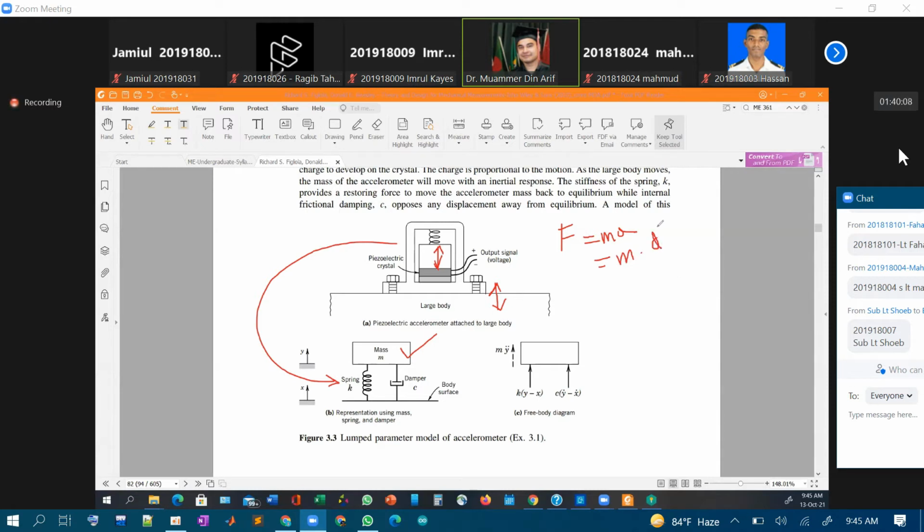Second derivative of the displacement due to the force. ঠিক না? Second derivative. First derivative of displacement with time is velocity. Second derivative is acceleration. So m times d square x by dt square.